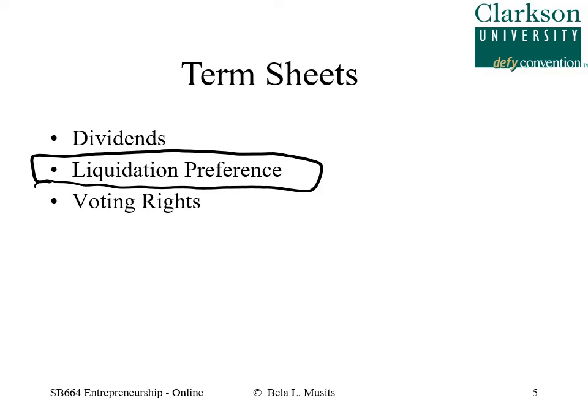And now that pool is going to get divided up amongst all of the shareholders based on the percentage ownership they have in the company. So here again, this is a way for the VC to kind of front-end load their return.